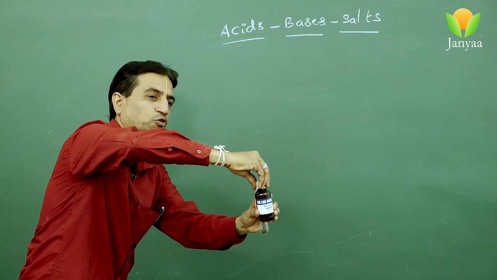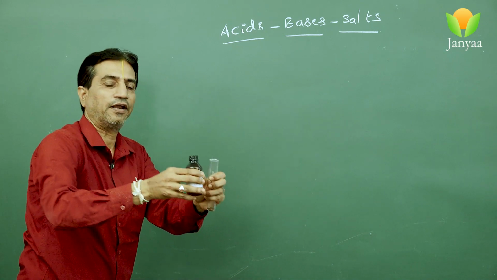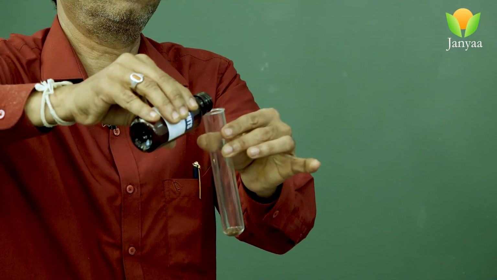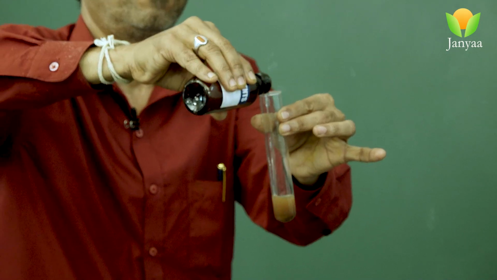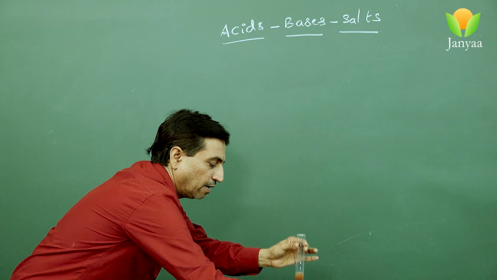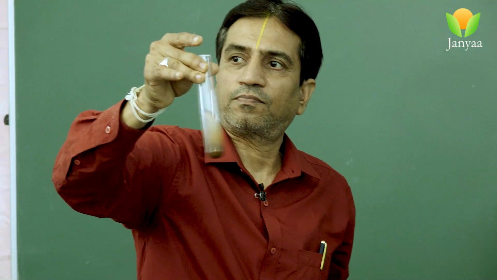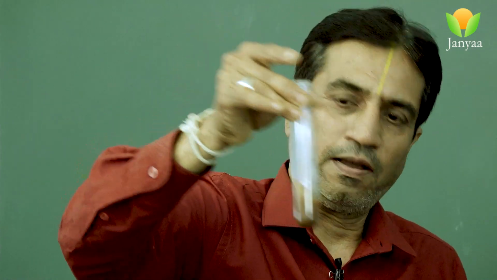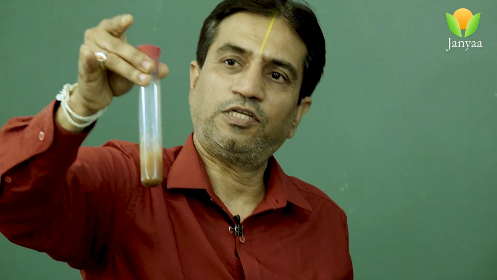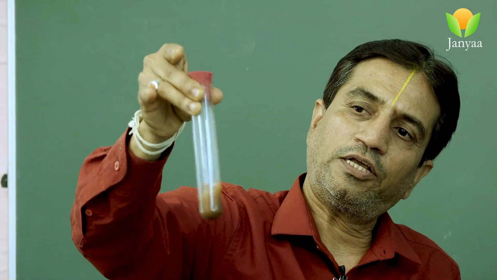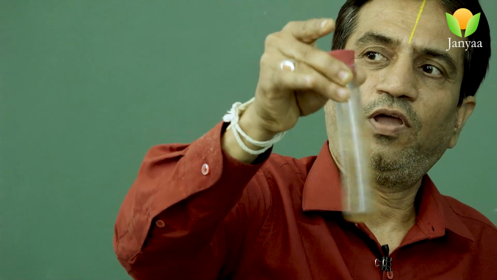I am posing a question: why am I using distilled water rather than drinking water? Guess. I am pouring some distilled water in the test tube and stirring it. In this way we have to hold the test tube and stir the total solution.